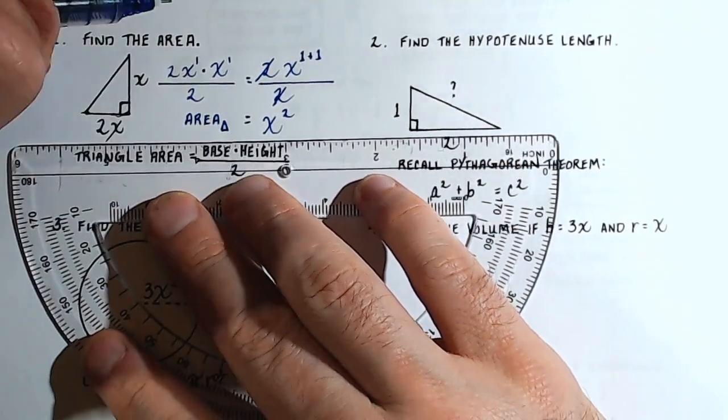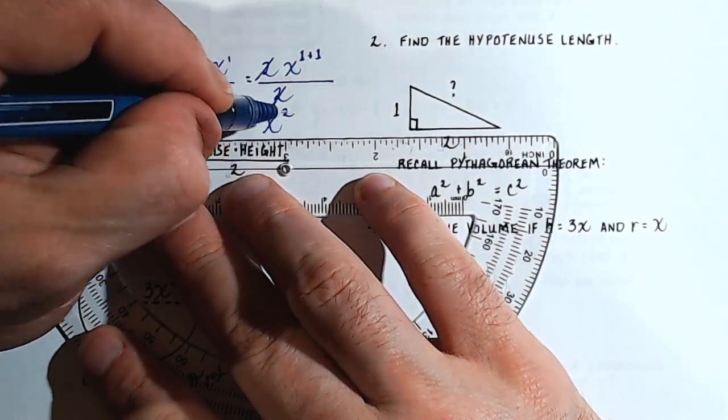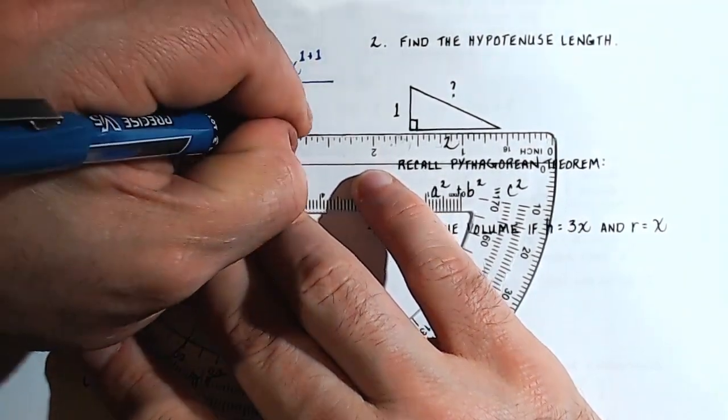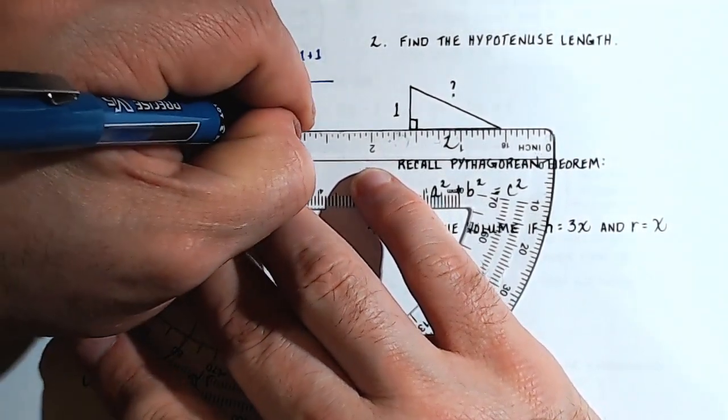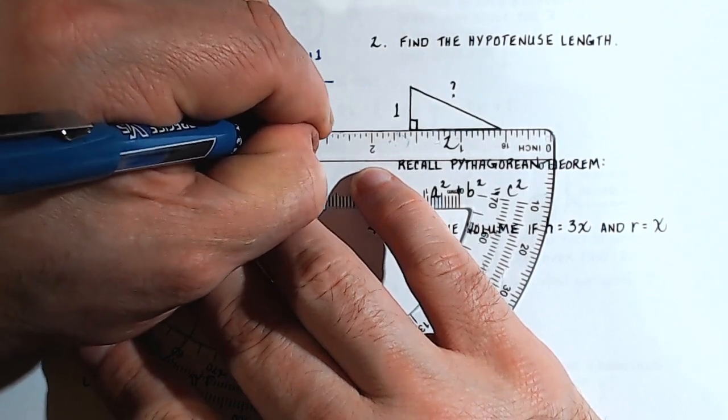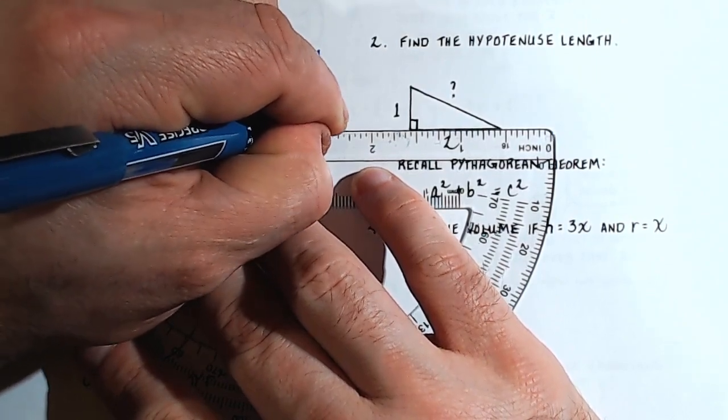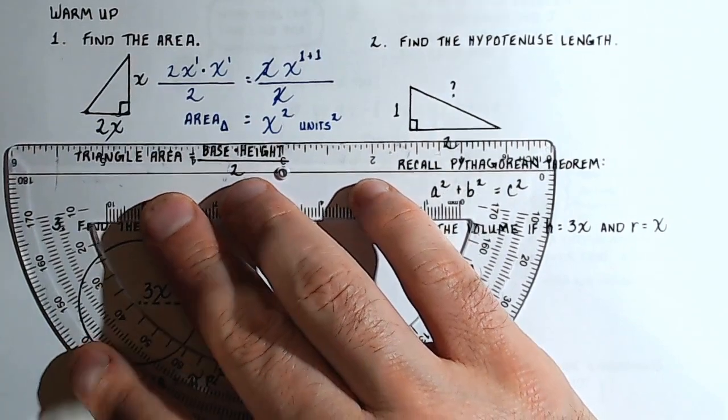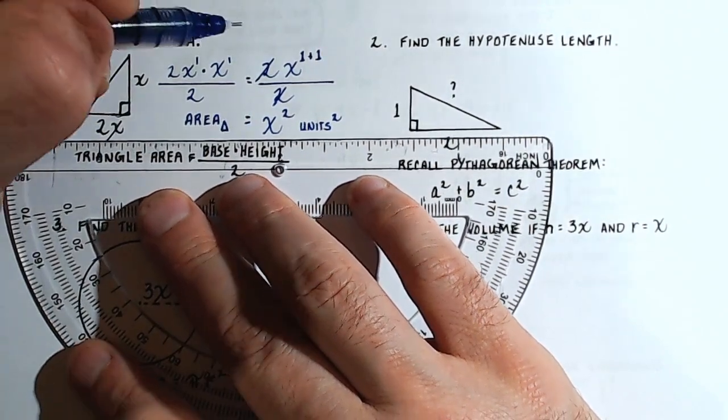The area of the triangle is x squared, and we should write units squared. We don't know what the units are, they could be inches, meters, whatever, but area is units squared.